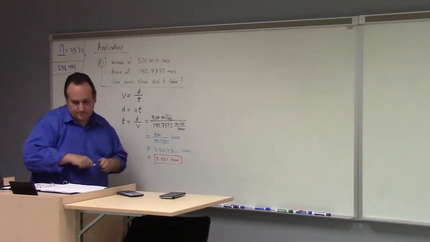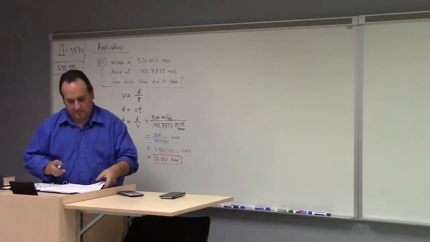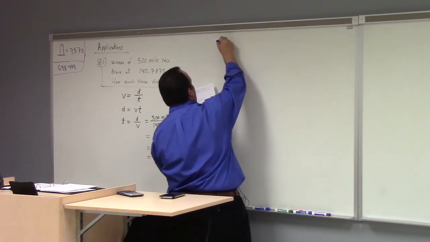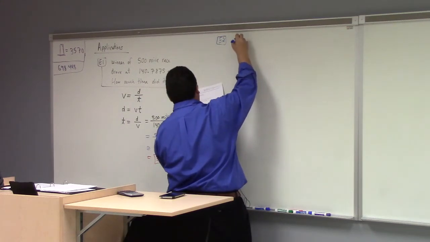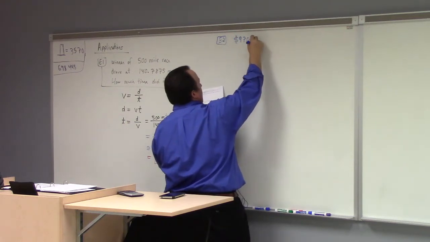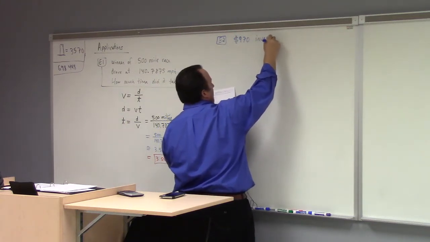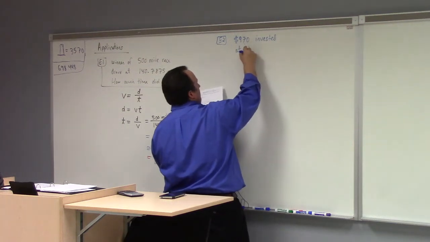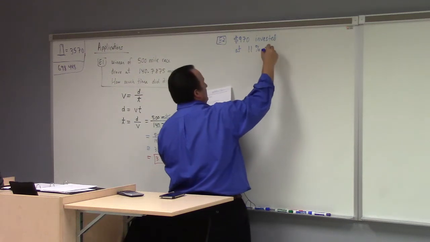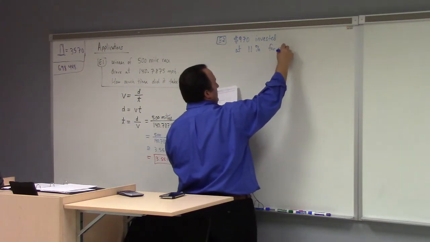Example 2 is as follows. Suppose that you invest $970 at 11% yearly interest rate, for 1 year.